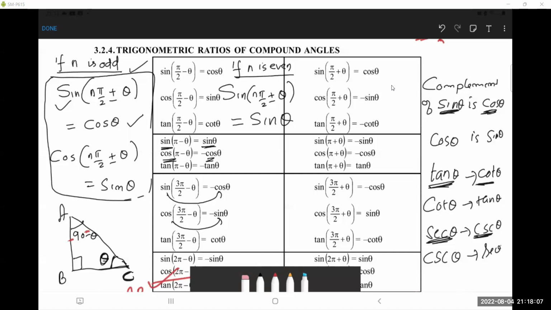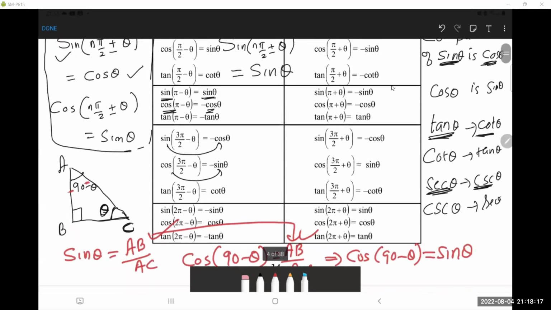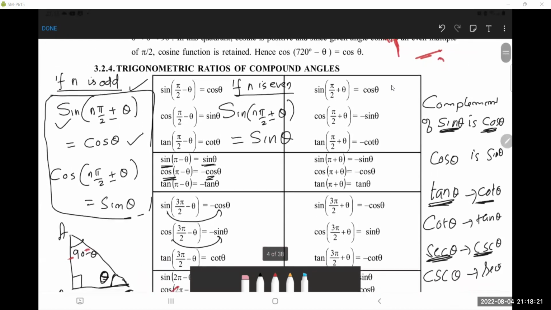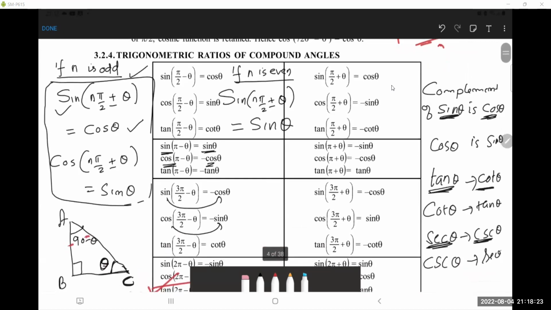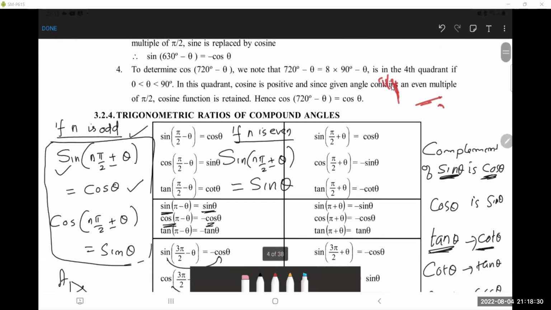I'm not going to teach anything new. Now we'll give some questions connected with this, how to find the different values that I'll give now. Have you written all? Can I move to the next part?